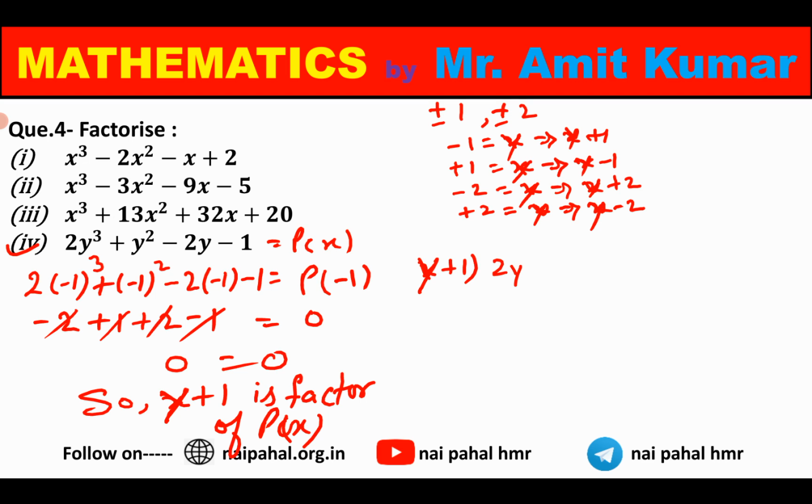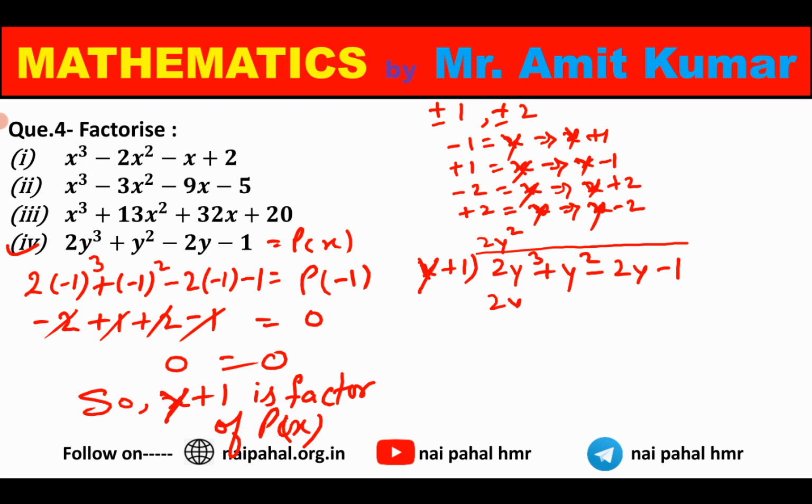Now you have all the factors: x plus 1, x plus 2 and x plus 10. So you have 3 factors.